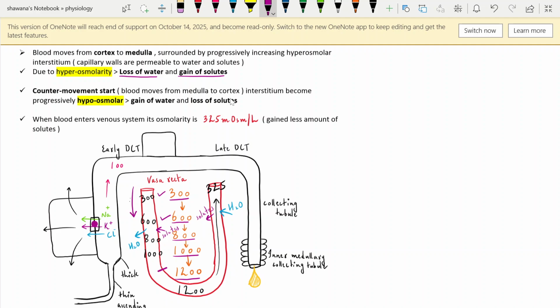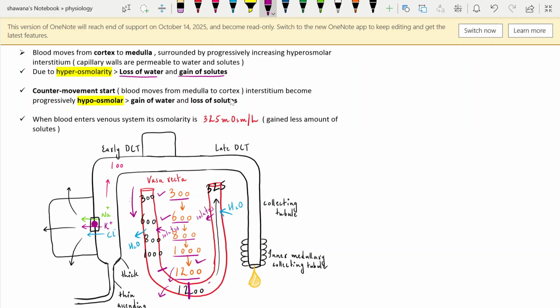And we see the osmolarity at the turning point of the loop of the vasa recta: when the medullary interstitium is about 1200, inside the vasa recta the osmolarity is also 1200, because there is gaining of solutes and losing of water as the capillary walls are permeable.